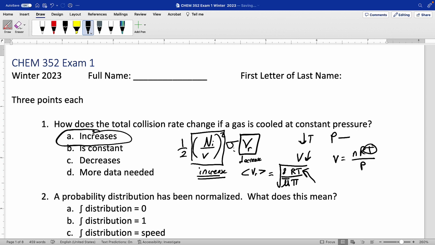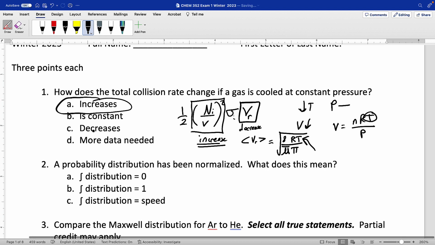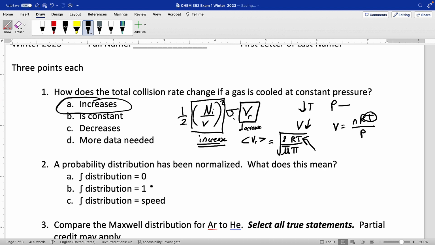Number 2, the probability distribution has been normalized. What does that mean? It means that if we integrate over all possible speeds, there's a 100% chance that the molecule has one of those speeds.